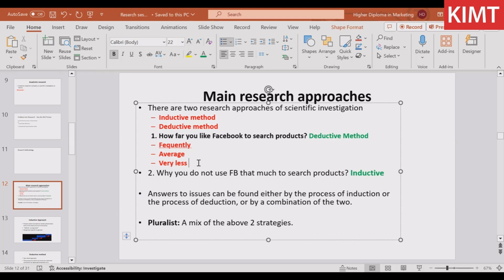Why did I say the second one is inductive? I searched articles, I searched books. There was very little research or books available to say why some customers hate Facebook when they search products. So you as a researcher thought, okay, I myself will investigate.